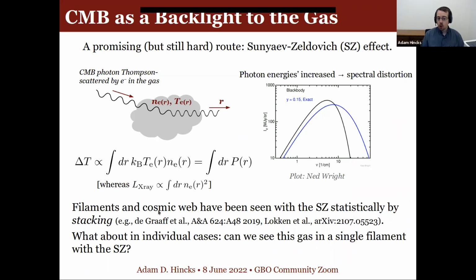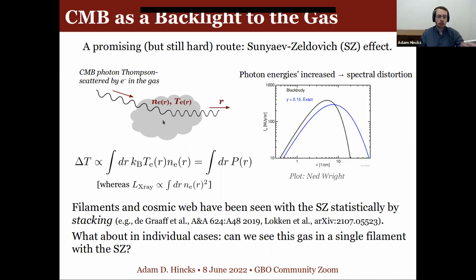So people have looked for filaments, they've looked for the cosmic web using the SZ, and it has been done successfully, but by stacking. So the idea is that you find pairs of galaxy clusters that are physically a few megaparsecs apart, and you find all those pairs in your map and you rotate them and stack them, and you can see the average signal between your stacked maps.